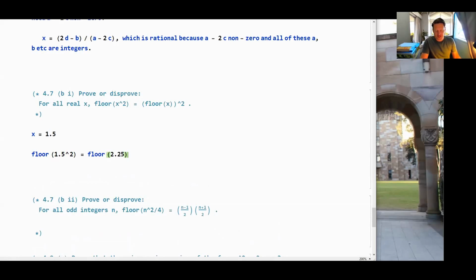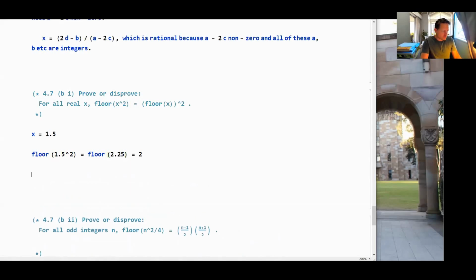And now if we take the floor, well, that's 2, isn't it? Whereas if we look at the same thing on the other side, the square of the floor of 1.5, so the floor of 1.5 is just 1.